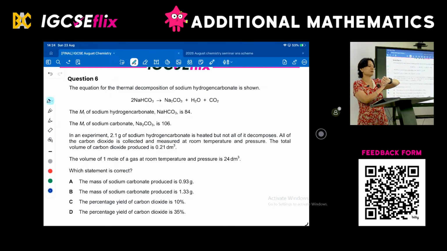I will give you 5 minutes to do question 6 and question 7. Then we will go to structured questions, and if you can complete this, then we will do organic chem. Question 6 is really the hardest, so maybe you want to start with question 7.